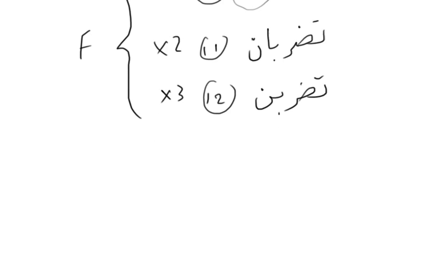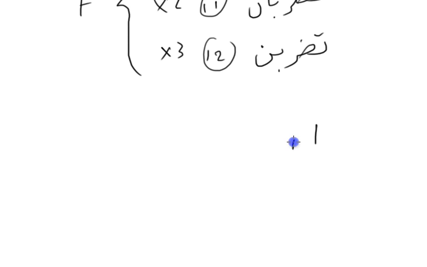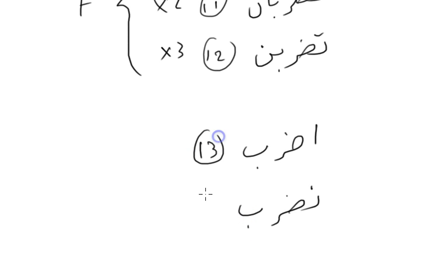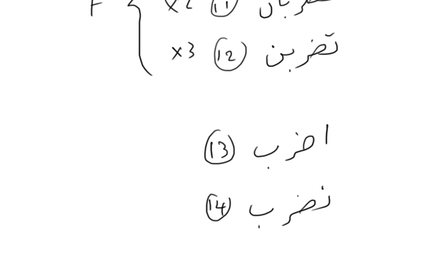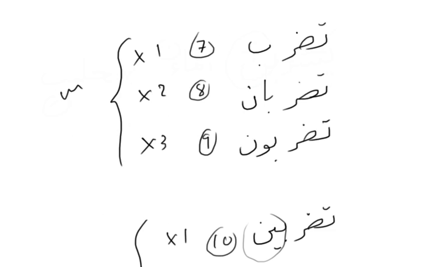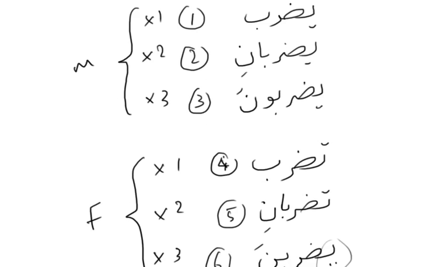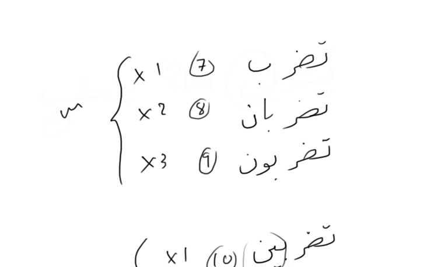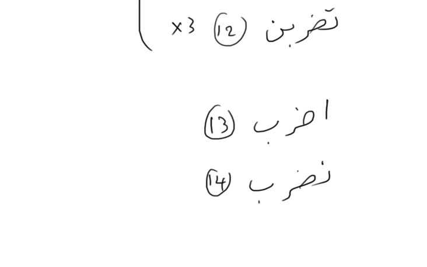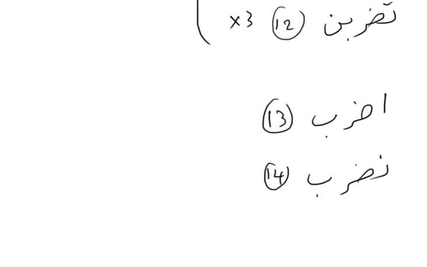And then finally we have I hit, adribu, and we hit, or we are hitting, nadribu. This is 13, and that's 14. If you remember that chart I made before, this is basically how that works. So you have all this for males, females, then again males, females, and then I and we.